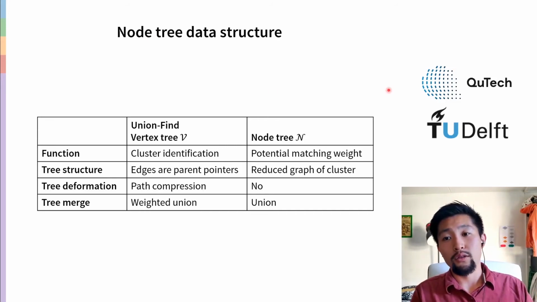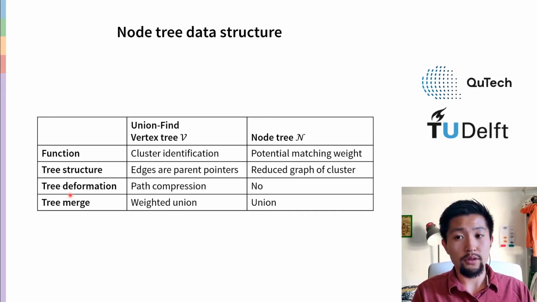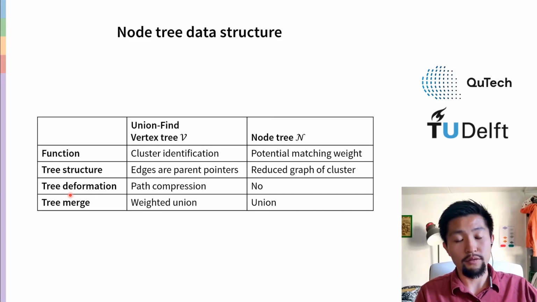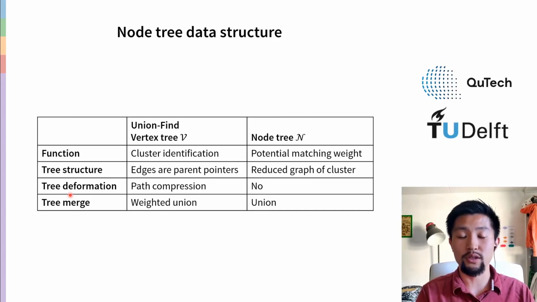Does the tree deform within the unified vertex tree? It does, due to path compression. Remember that we like to point all parent vertices within the vertex tree to the same root in order to reduce the height of the tree, which is why we have an almost linear complexity for the unified algorithm.